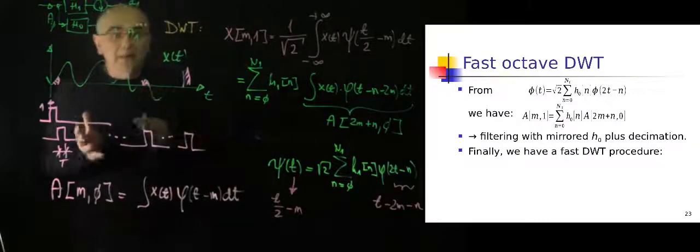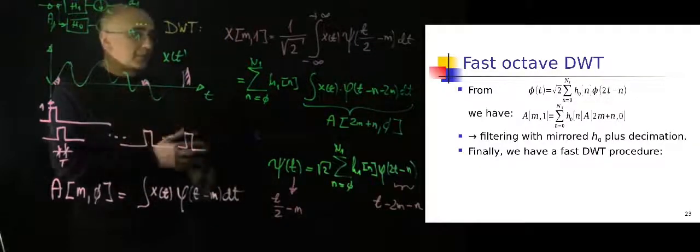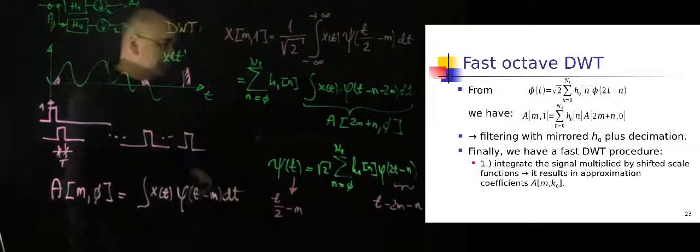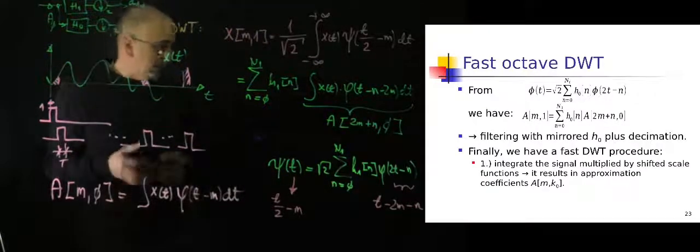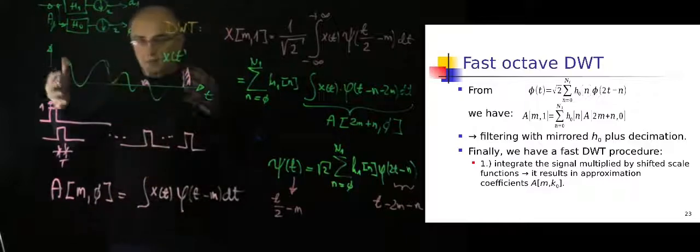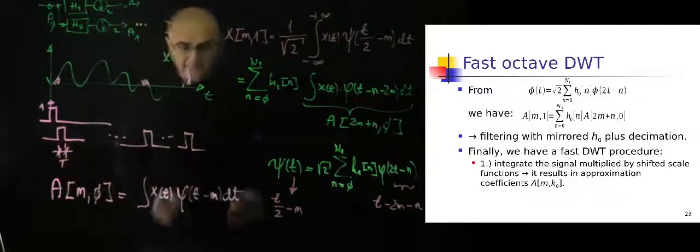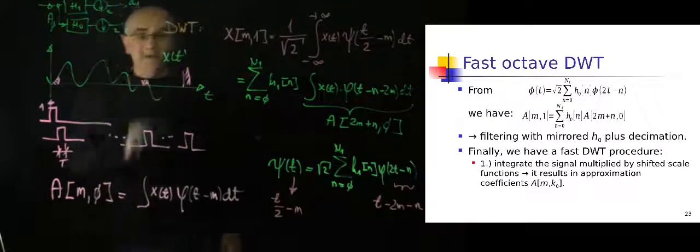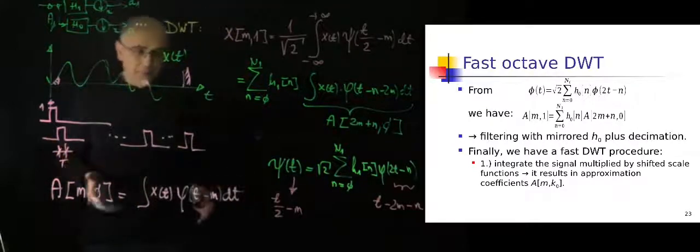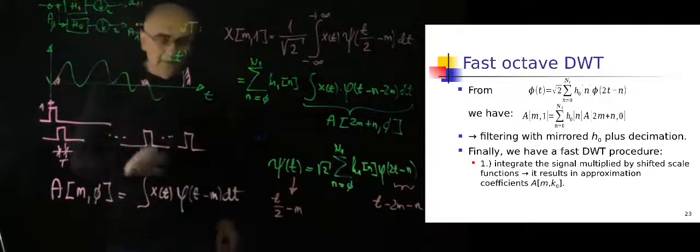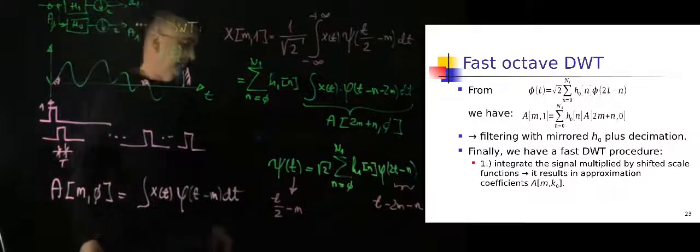Of course, the octave discrete wavelet transform, so our scale was 2. At first we integrate our signal multiplied by the scale functions and we calculate the integrals only once. Or in practice it will probably be served by the sensor itself or some very simple hardware.